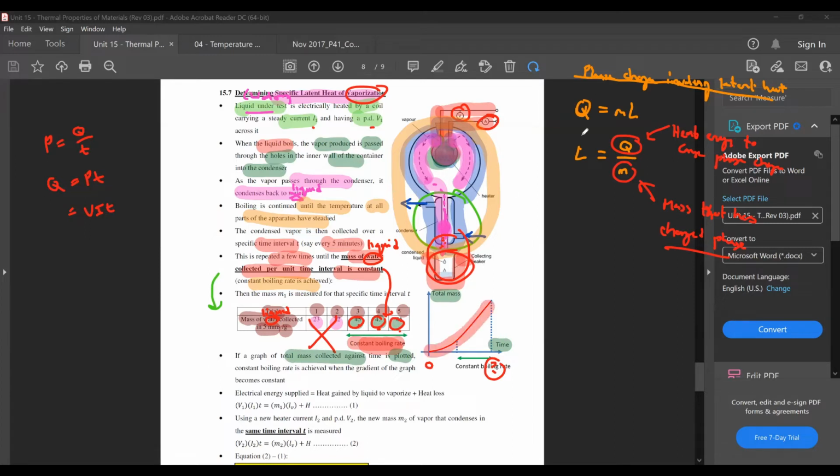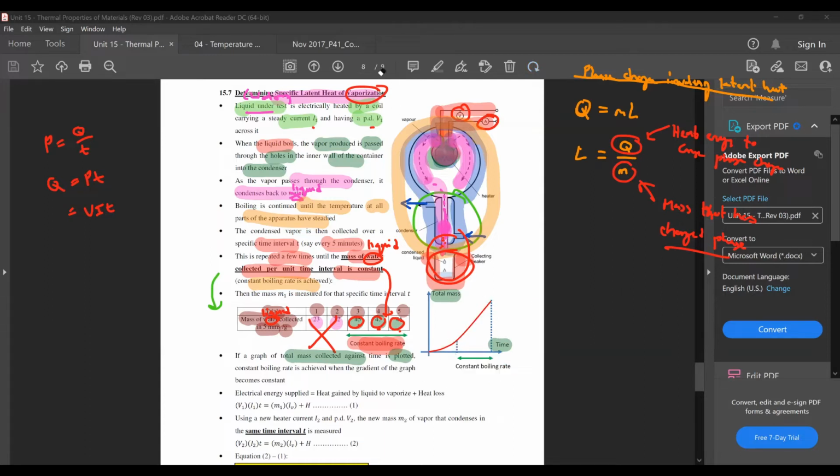Okay, so at some point you will notice that the graph is actually curving. And then at one point you will notice that the graph is actually straight. Now at the point where the graph is actually straight, this is where you actually have achieved constant boiling rate. Because you can see it like this.